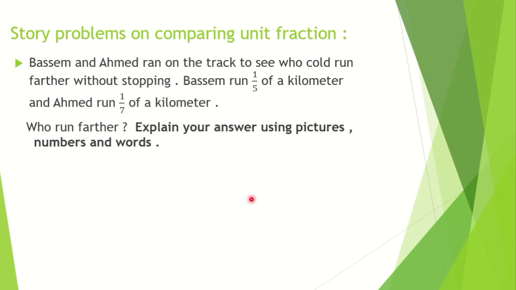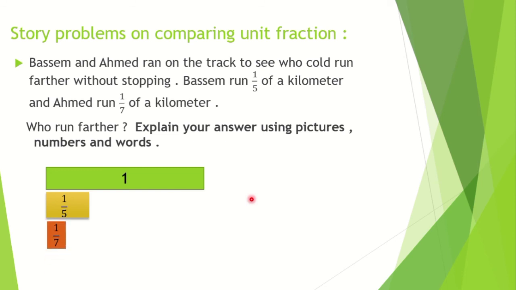At first, Basim and Ahmed ran one track, so I have 1 whole. And then Basim ran a fifth of a kilometer, so let's draw the fifth. And then Ahmed ran a seventh of a kilometer, so let's draw the seventh.